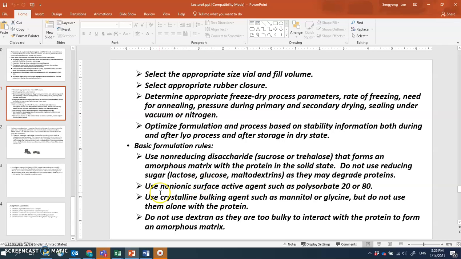And then use non-ionic surface active agents if you have to, such as polysorbate 20 and 80, rather than ionic surface active agents. And try crystalline bulking agents such as mannitol or glycine, but do not use them alone with the protein. Okay. And then do not use dextran, as they are too bulky to interact with the protein to form amorphous matrix. So these are basic rules in your formulation selection.